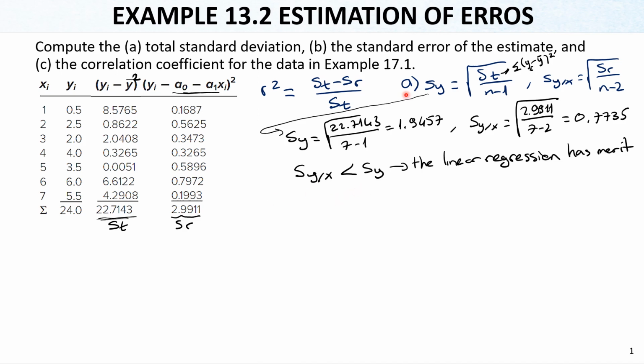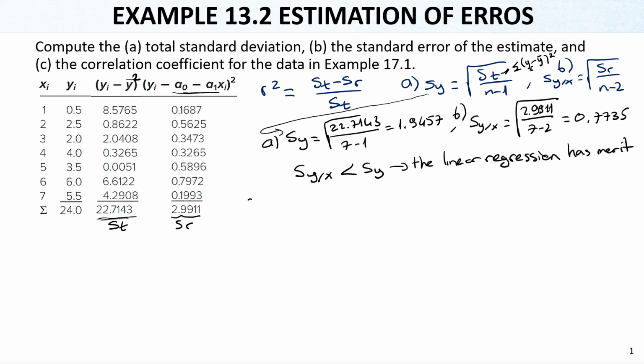So if we want to correct, A is just the standard deviation, this one. B is the standard error of estimate, this one, Sy/x. So let's write correctly. This is A and this is B. And we compare the results of A and B.